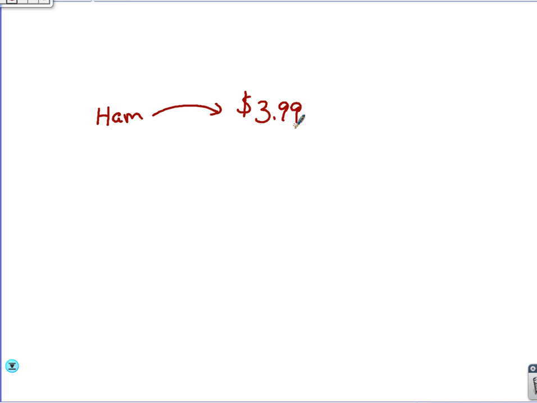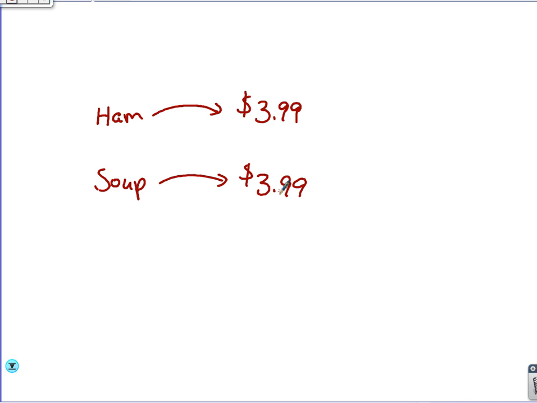Now, something else, though. Think of this. What if you pick up a can of soup and it's also got the same price? Even though you notice, again, that ham doesn't have two different prices associated with it, you could have two different items that have the same price.